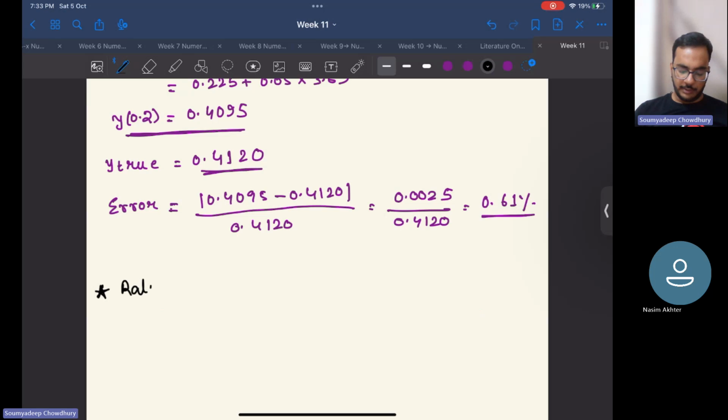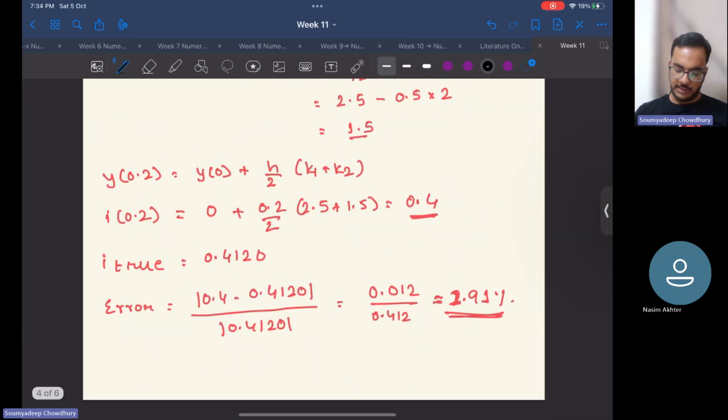One more thing we'll do here: find the ratio of the errors. While taking the ratio of the errors, we'll not take the percentage error, we'll take the absolute error. That is, we'll not divide, just the difference between the true value and the computed value.